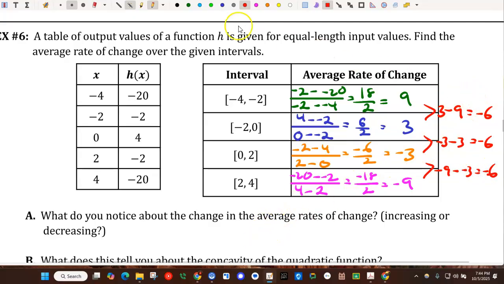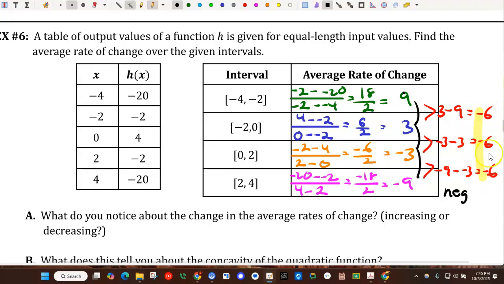Right? So the fact that the change in the average rate of change is negative, all right? It's negative. That means these are getting smaller. It's the same as looking at these and noticing that these are just getting smaller and smaller, from 9 to 3, 3 to -3, -3 to -9. Right?